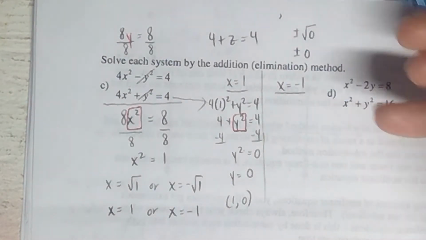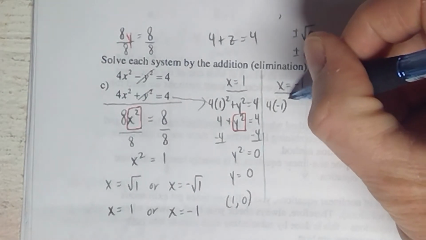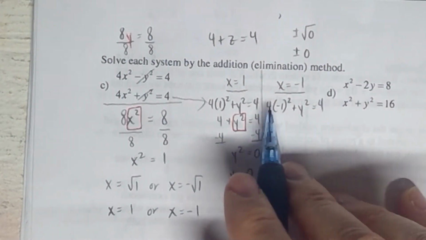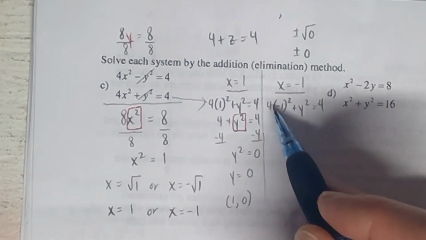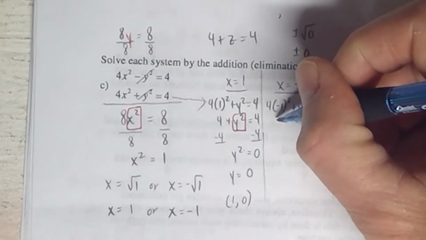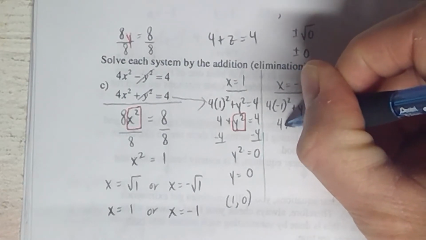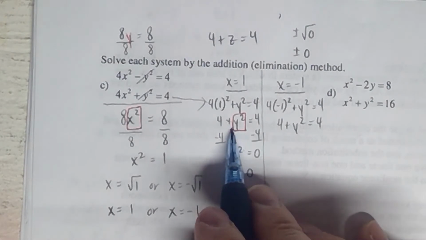Let's go ahead and do the negative 1 now. If I plug in the negative 1, can you see here that it's going to be the same answer? If you don't see that yet, let me prove it to you here. If I plug in the negative 1, though, isn't it going to give me the same term here? And I need to figure out what that term is equal to that I plugged into first, as I just mentioned. Negative 1 squared is 1. 1 times 4 is 4. And so as you can see here, that leads to the same exact equation that we had over here.